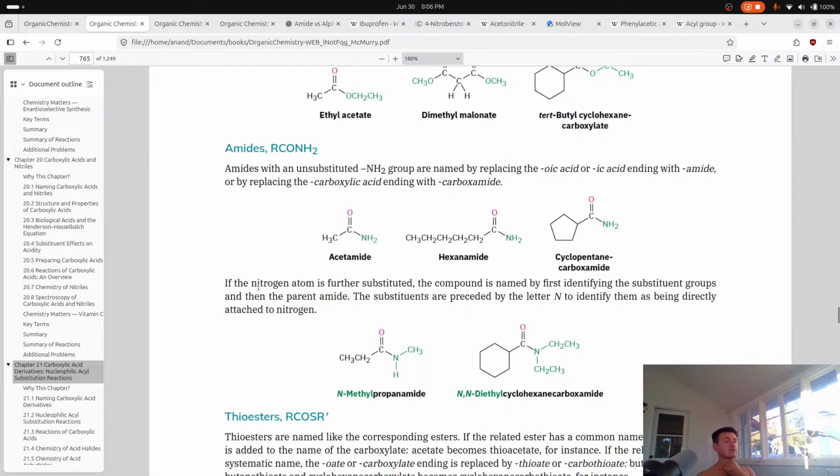All right, so that's the simple rule. What's the harder rule? If the nitrogen atom is further substituted, is there a notion of a cis or a trans amide? Presumably there is, right?